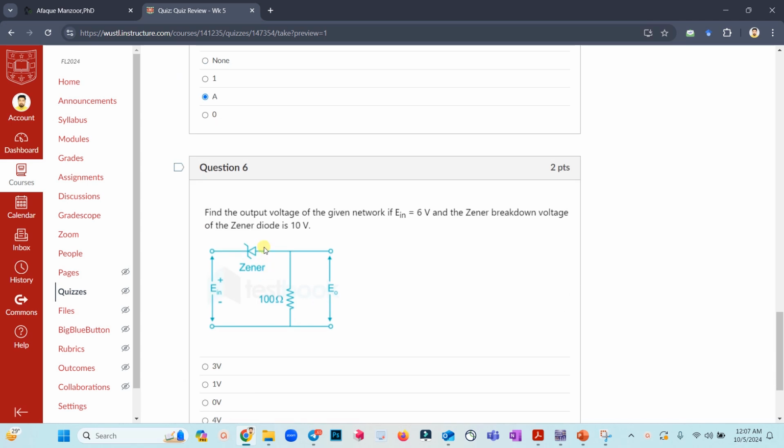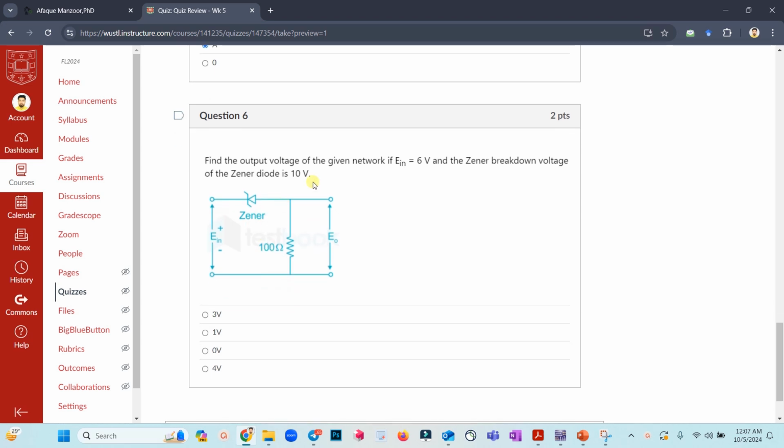And in the same way, this one: find the output voltage of the given network if the input voltage is 6 volts and the Zener breakdown voltage of the Zener diode is 10 volts. See, the Zener diode needs to get 10 volts in order to start conducting current. The input voltage is 6 volts, so obviously this Zener diode has not started conducting current, right?